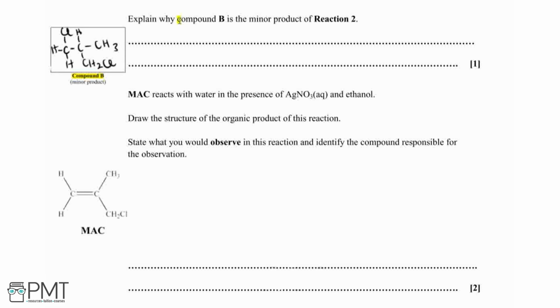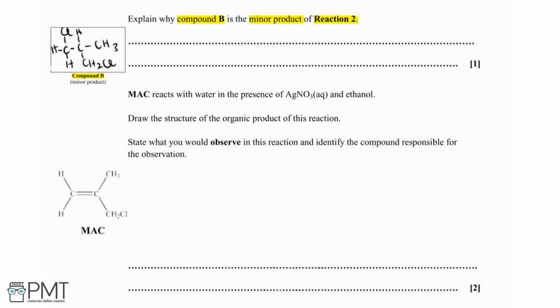Explain why compound B is the minor product of reaction 2. Reaction 2 was the electrophilic addition of HCl to our compound MAC, and our minor product was the one where the chlorine was bonded to carbon number 1.